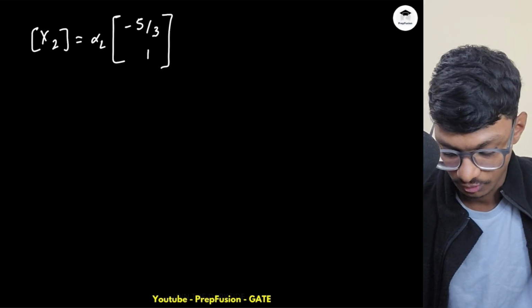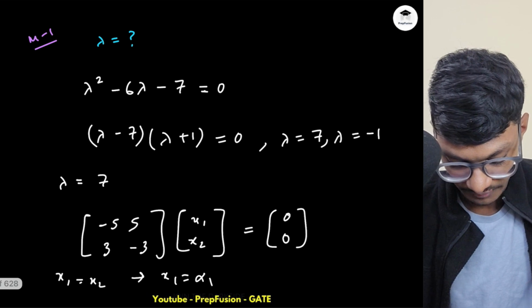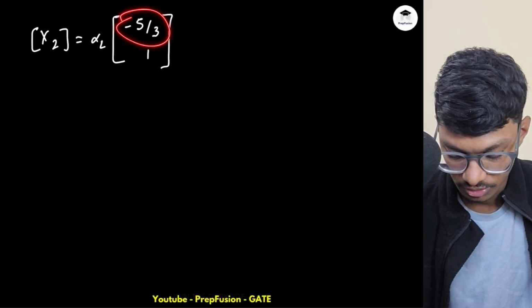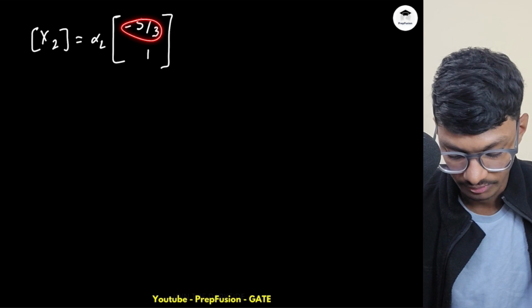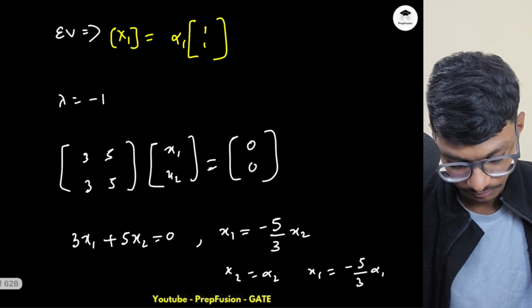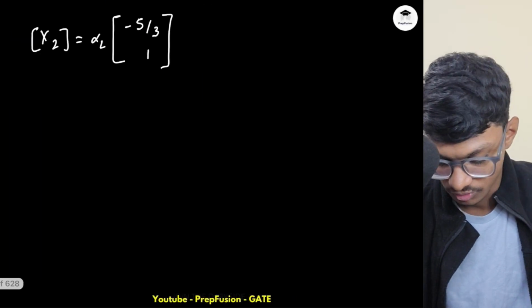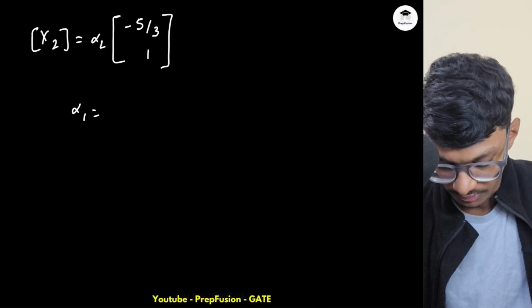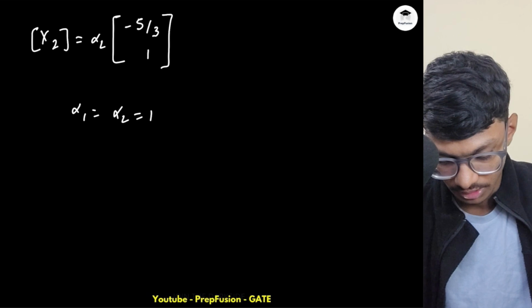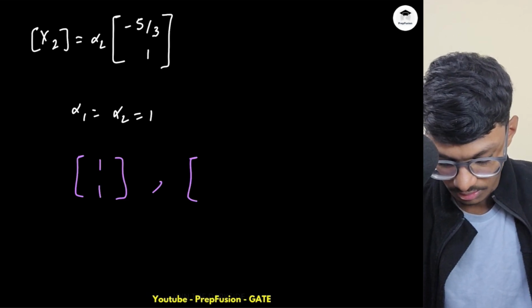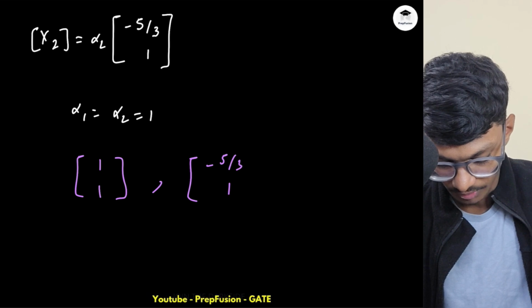So what was the question? The question was that one of my eigenvectors is (1, a). So where is 1 above? This also can be 1, but let's assume this one. As we are seeing, we have 1 above. If I choose alpha 1 equals alpha 2 equals 1, then my eigenvectors will be (1, 1) and (-5/3, 1).